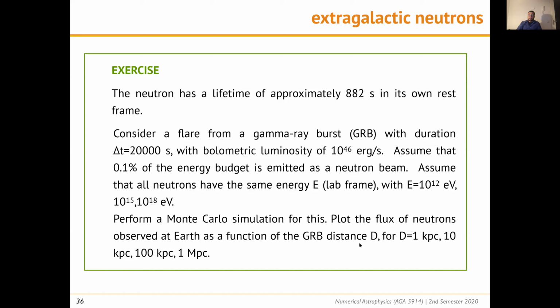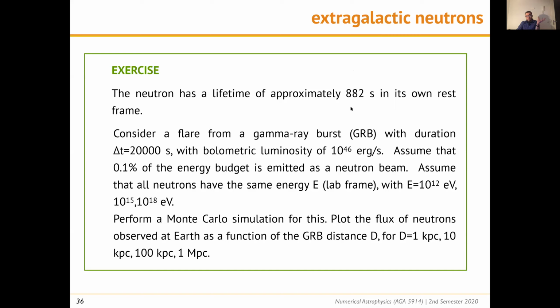That's 10 to the 9. So if we have a neutron with energy 10 to the 12, that's already a Lorentz factor of 1,000. That means that due to relativistic effects, the neutron will be able to travel 1,000 times more than this proper time. Okay, this is just Lorentz transformation.